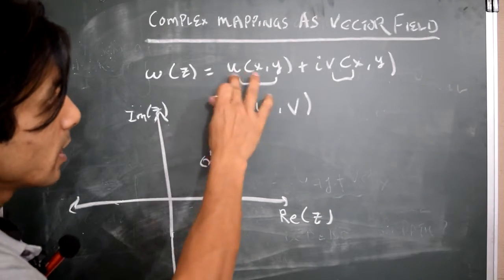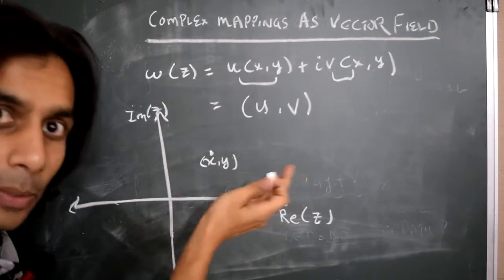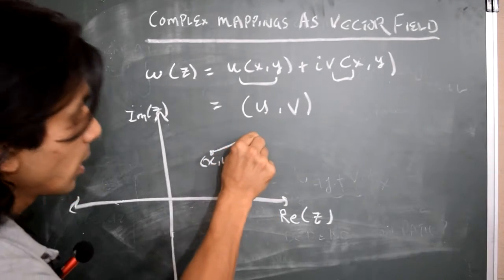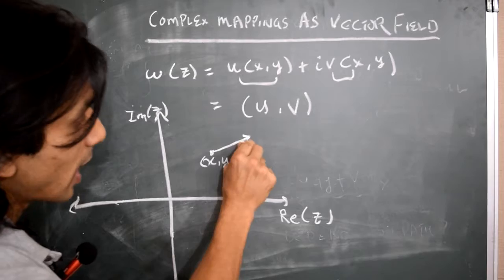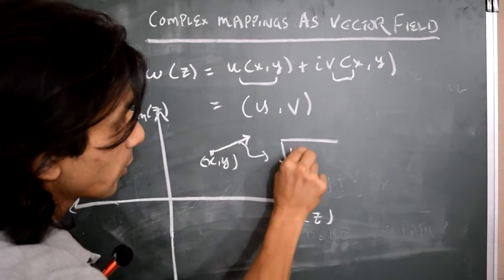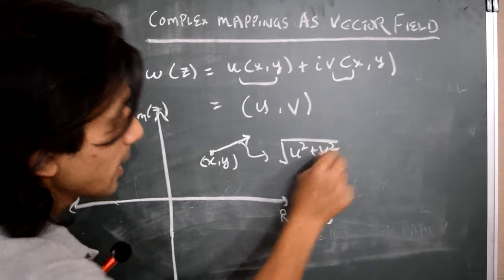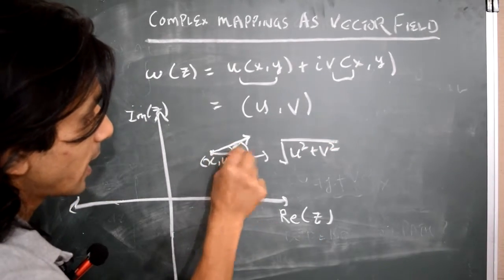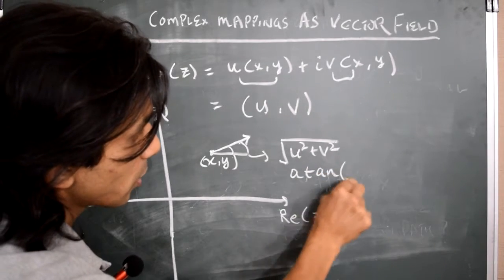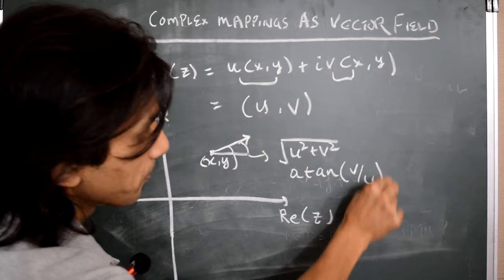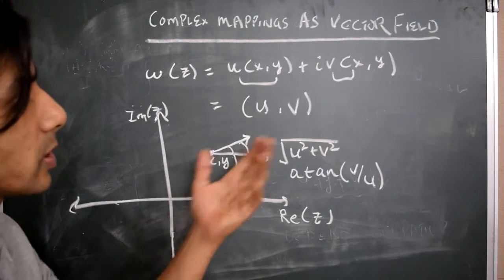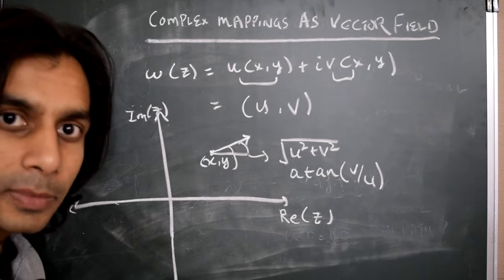We associate u with the x component of a vector and v with the y component, and draw an arrow. The magnitude of this arrow is the square root of u squared plus v squared, and the angle that this arrow makes with the x-axis is the arctangent of v over u. So that's the basic idea of how we associate a vector field with the complex function.